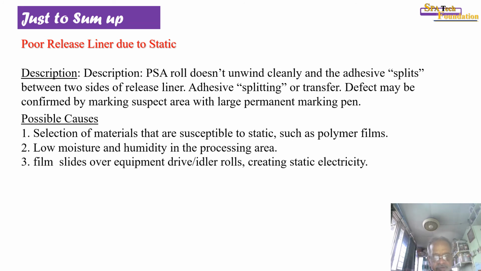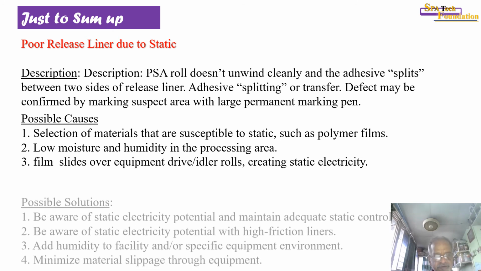Possible causes: selection of materials that are susceptible to static such as polymer films, low moisture and humidity in the processing area, film slides or equipment drive idler rolls creating static electricity.